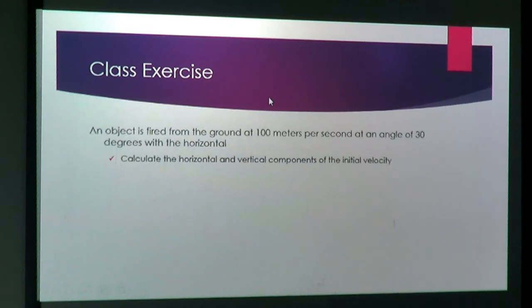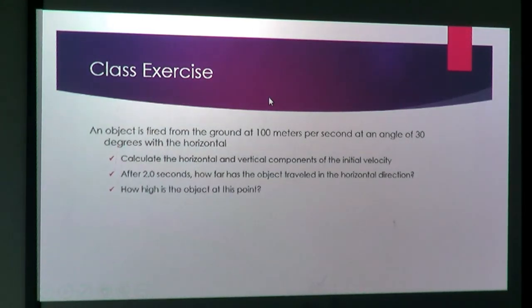First question: calculate the horizontal and vertical components of the initial velocity. After 2.0 seconds, how far has the object traveled in the horizontal direction? And the last one: how high is the object at this point?